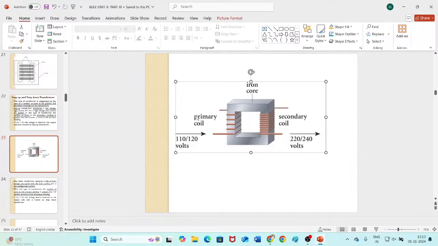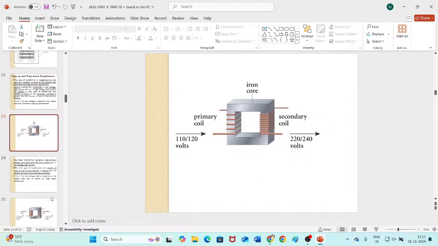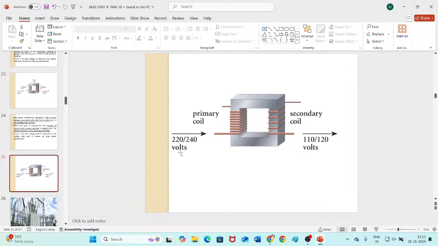You can see here, this is core type. In the core type, you can see 110 volts by 120 volts, and when you step up, it becomes 220 volts by 240 volts. So this is a step up voltage. Now let us see how it is manufactured. This is a step down voltage transformer. You can see 220 volts by 240 is stepped down to 110 by 120.